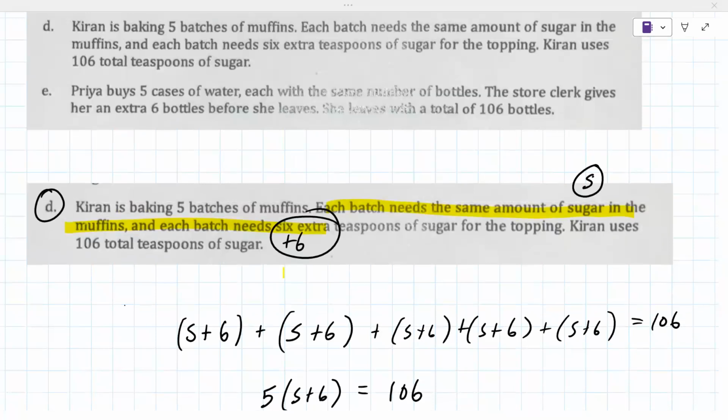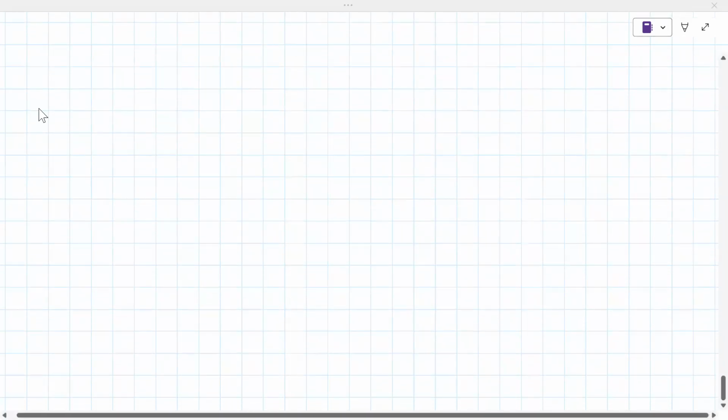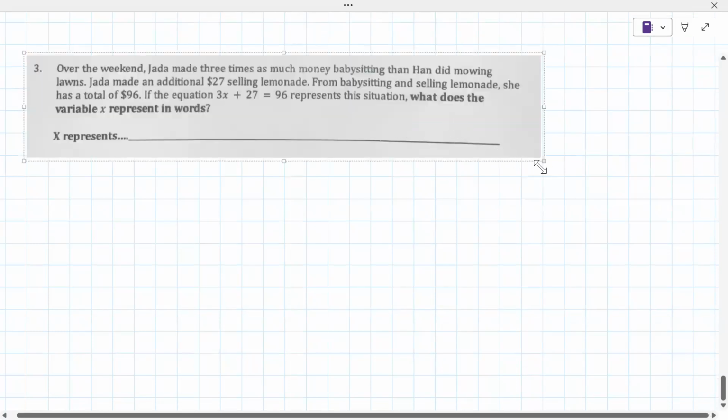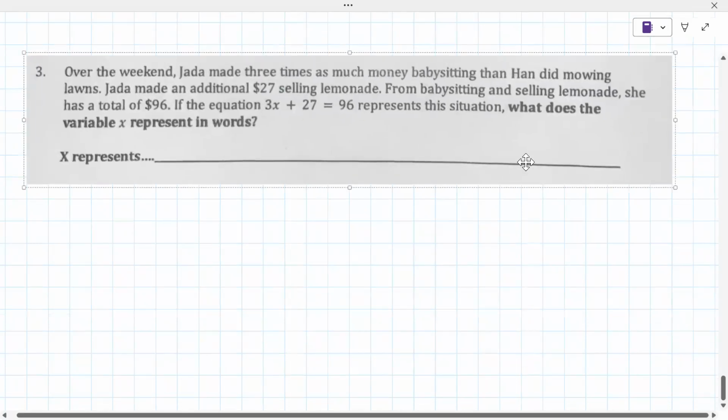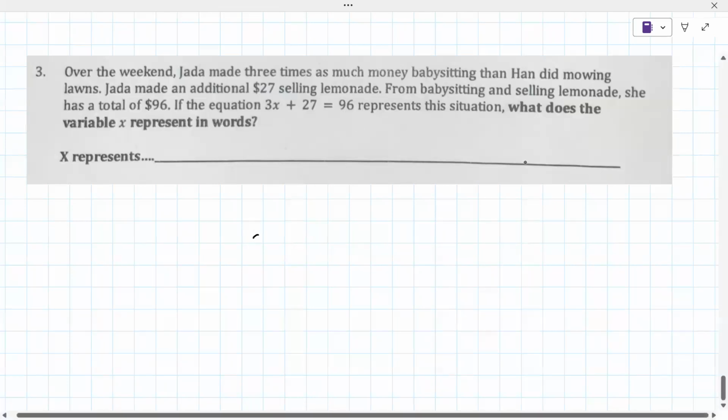All right. We're going to keep going here. Some of the next ones should go a little faster. Plus, you've already done some. New question here. Over the weekend, Jada made 3 times as much money from babysitting than Han did mowing lawns. Jada made an additional $27 selling lemonade. She has a total of $96. The equation 3x plus 27 equals 96 represents the situation. What does the variable x represent?